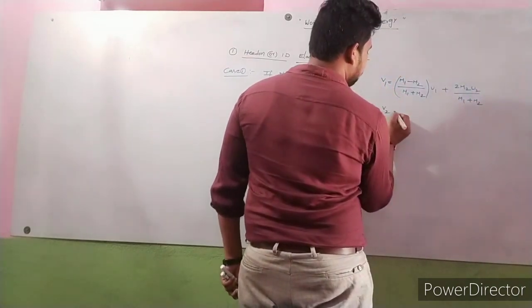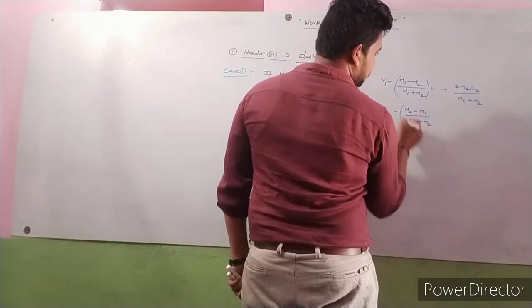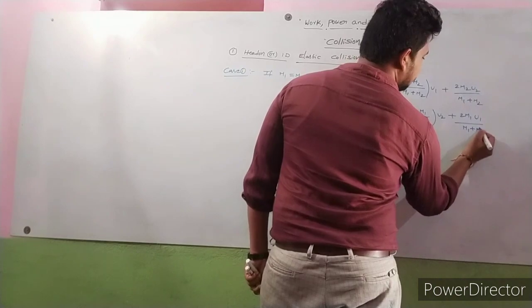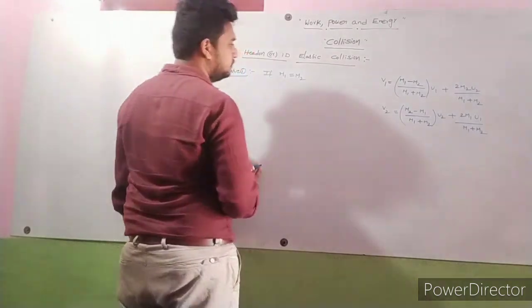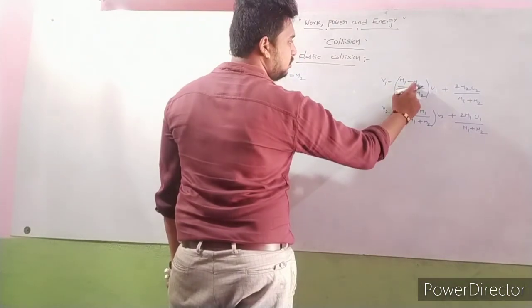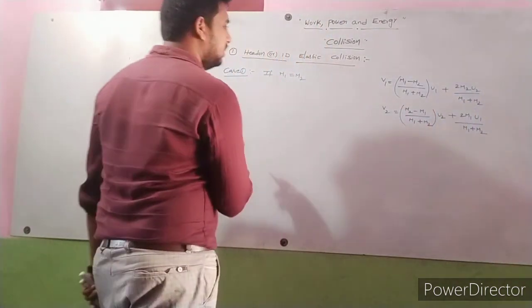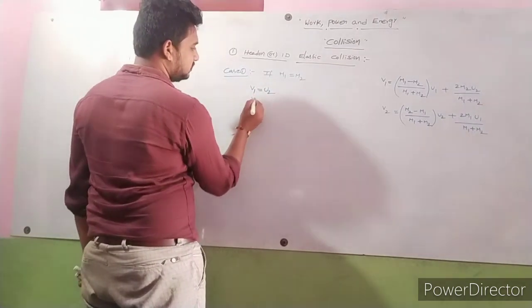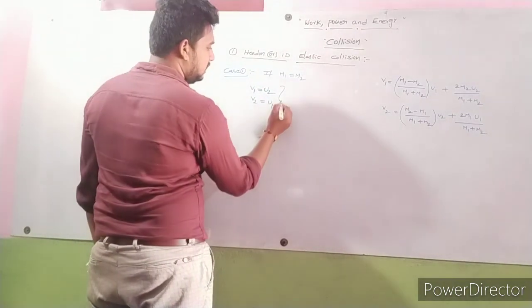And v2 is equal to (m2 minus m1) by (m1 plus m2) into u2, plus 2m1 u1 by (m1 plus m2). So we got the v1 and v2 values here. If m1 is equal to m2, both masses are the same, so the m1 minus m2 terms cancel each other, and m2 minus m1 cancels. So finally we got v1 is equal to u2 and v2 is equal to u1.